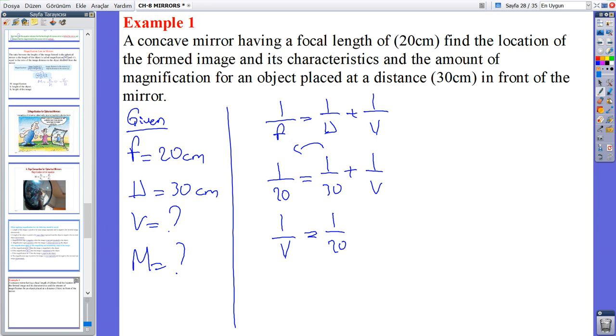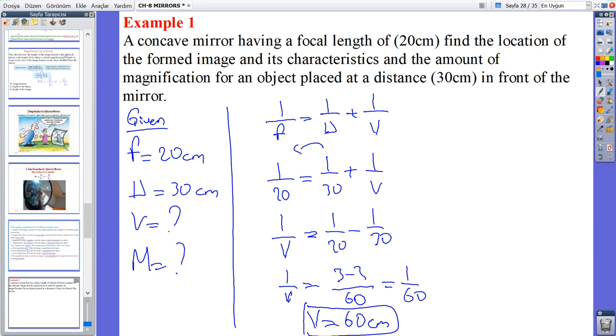When we send the other term to the other side, it changes from positive to negative: minus 1 over 30. 1 over v equals 3 minus 2 over 60, equals 1 over 60. The distance of the image equals 60 centimeters. We can find it.